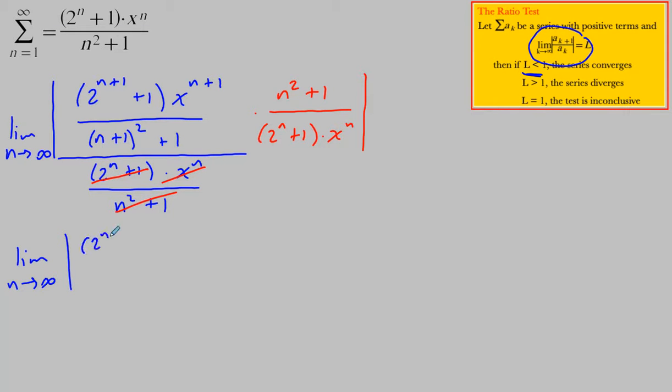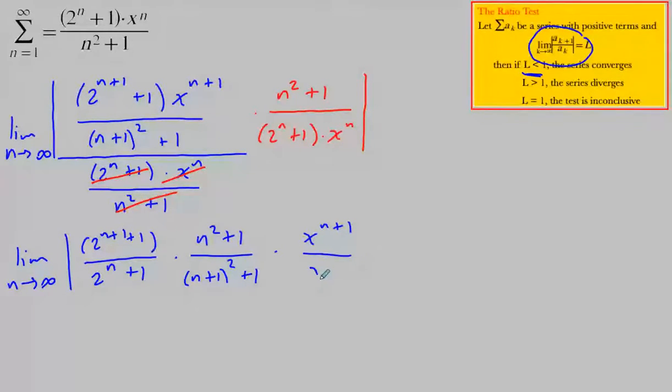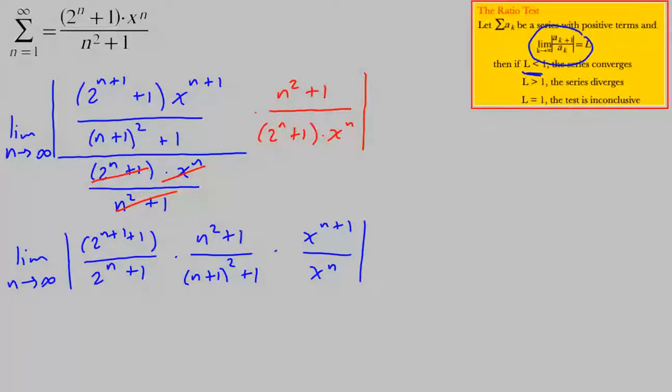We've got our 2 to the n plus 1 divided by, I'm going to move this 2 to the n plus 1 directly underneath it, times n squared plus 1, which was in the numerator, divided by n plus 1 squared plus 1, and finally, x to the n plus 1 divided by x to the n. So I've just put together the pieces that are going to make this a little bit easier to compare.